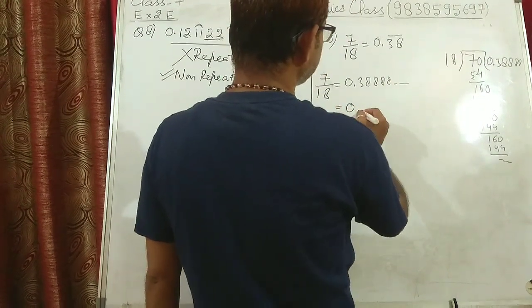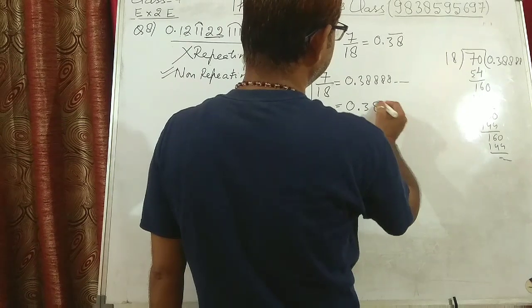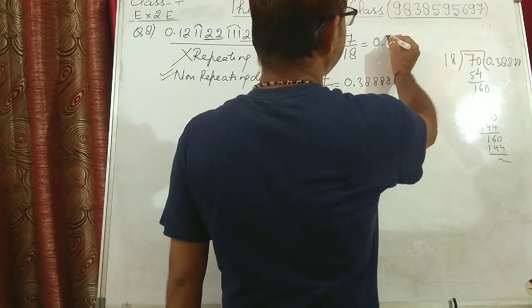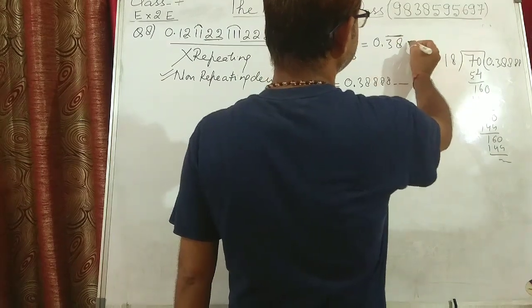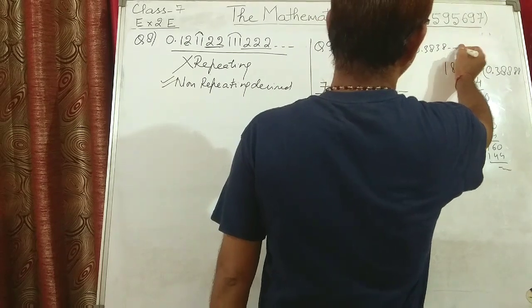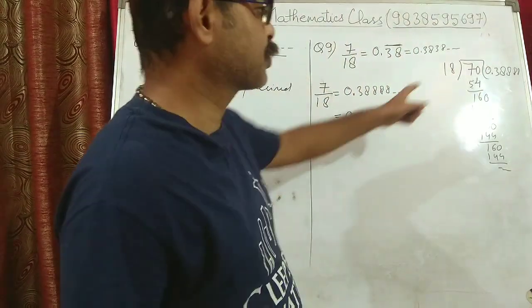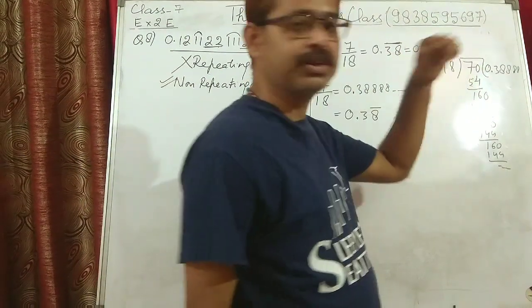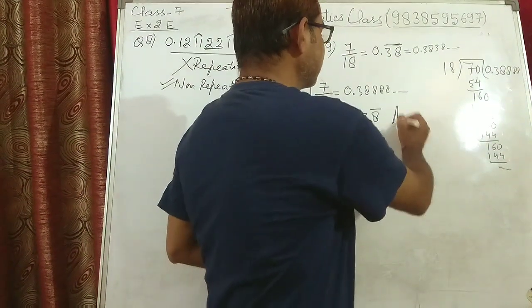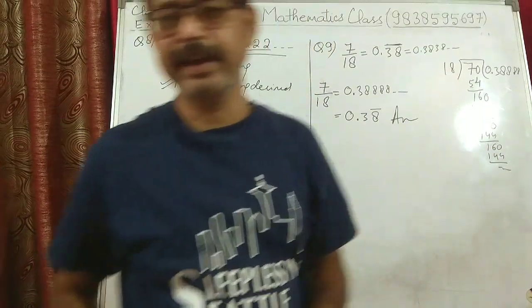So the bar should come only on 8. So where was the mistake of the child? He has put the bar on both 3 and 8. It means 0.3838 and so on. But when we actually divided, we found it is 0.38888. So the right answer is 0.38 with the bar on 8.